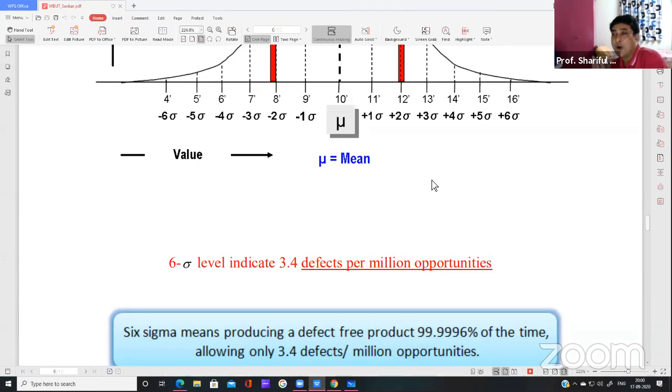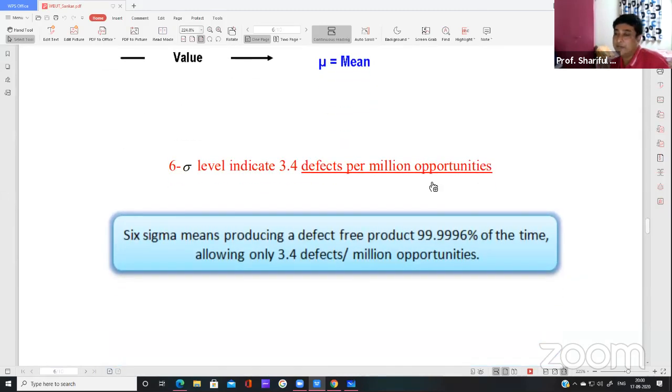So within giving 1 million services, if your defective services are less than 3.4, obviously you can tag a Six Sigma level with your company. So basically, this is a very crucial kind of level. If any company achieves Six Sigma level, it can go for the target of 8 Sigma, etc.